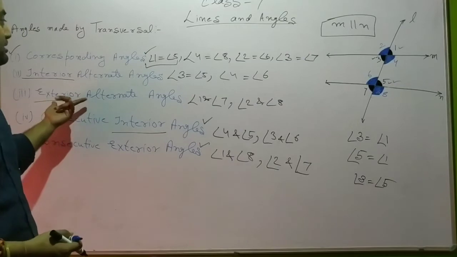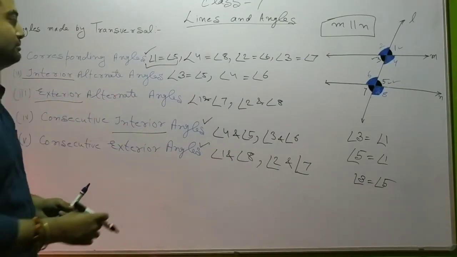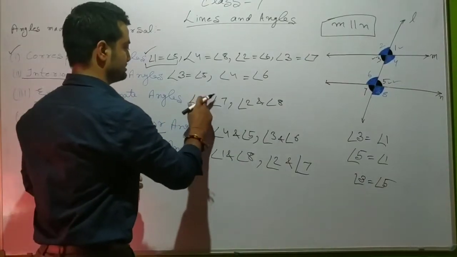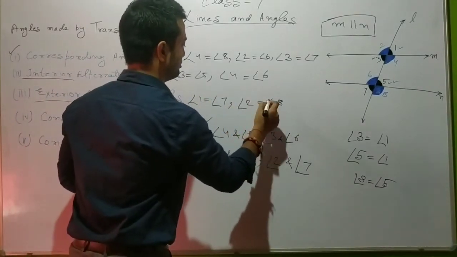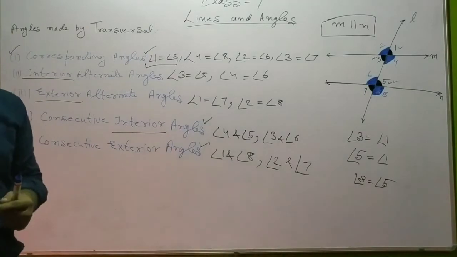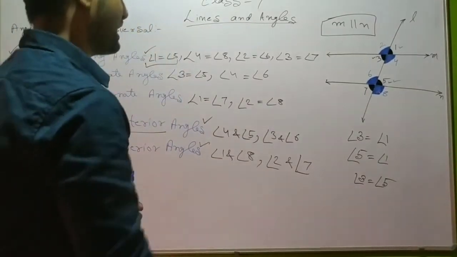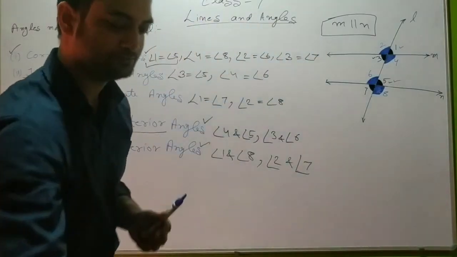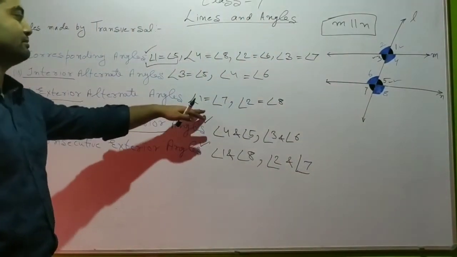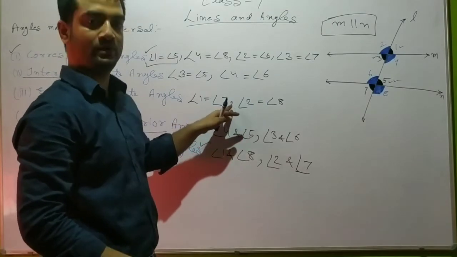When interior alternate angles are equal, then in that case exterior alternate angles are also equal. Now let's prove how the exterior alternate angles are equal if the line segments are parallel. Suppose I am proving angle 1 is equal to angle 7.